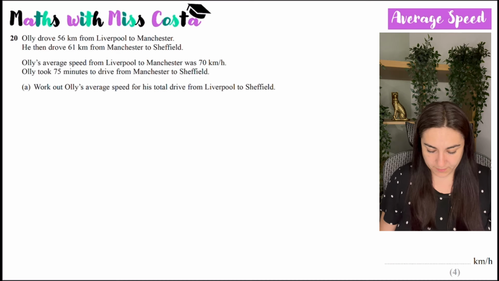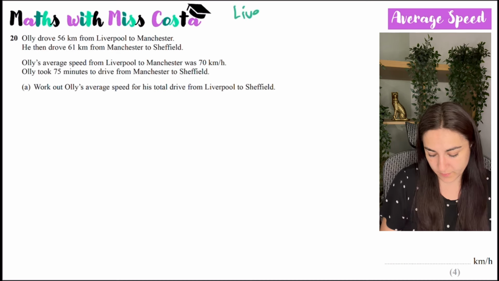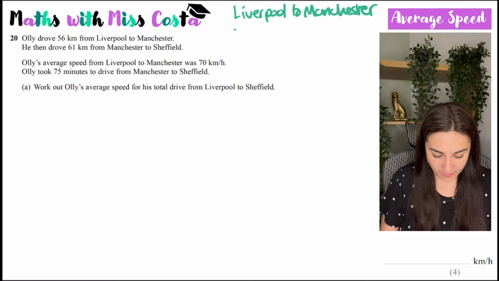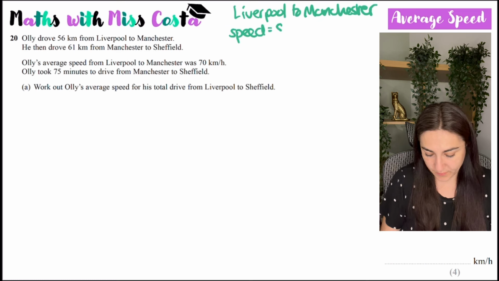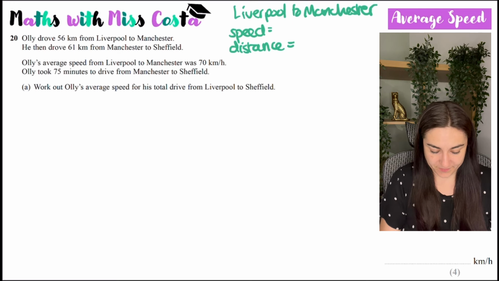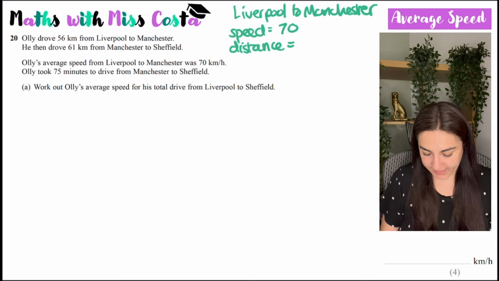So from Liverpool to Manchester, his speed was 70, distance is 56, and the time it took him is 0.8 hours.